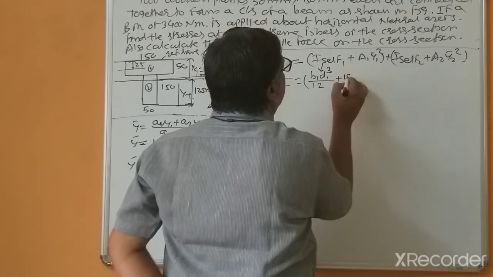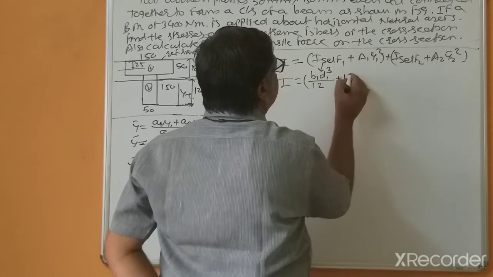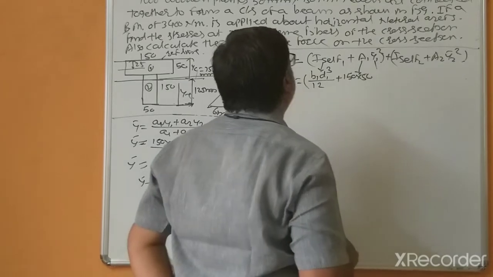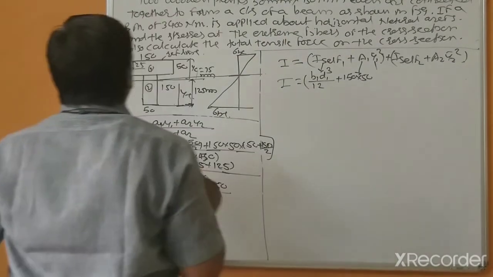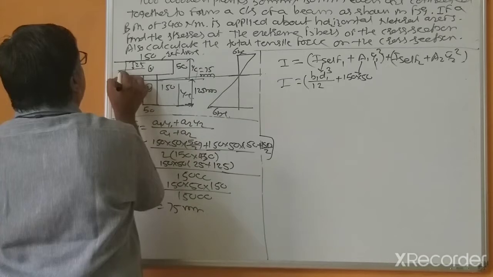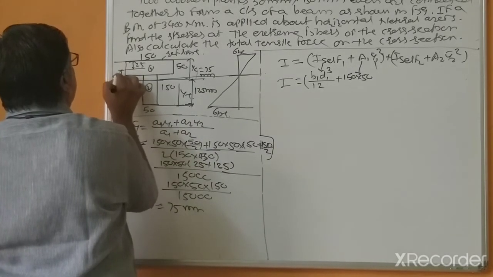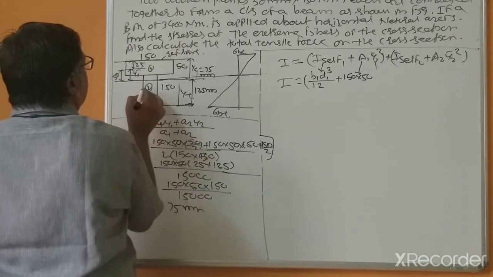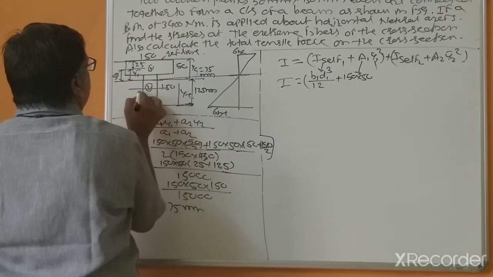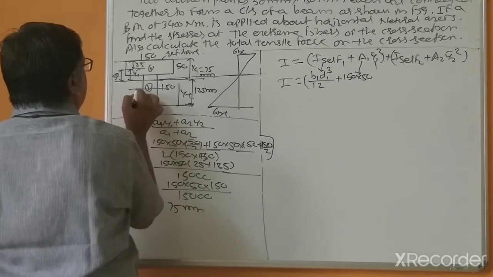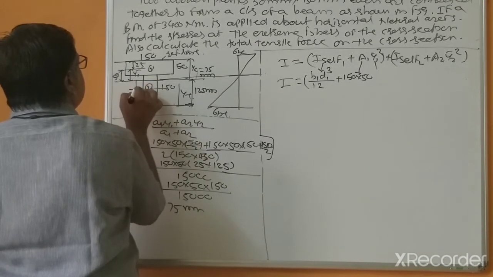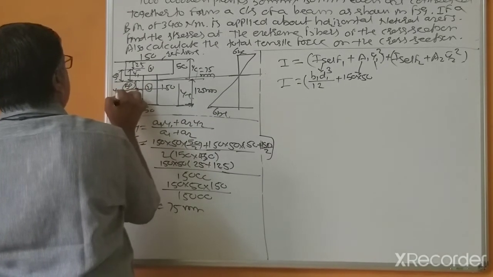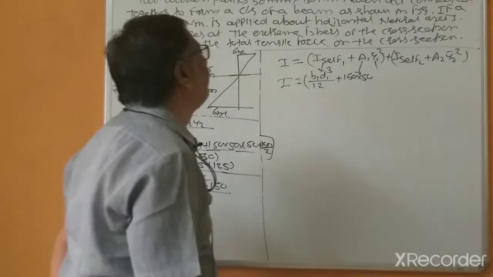Area equals 150 into 50. Y1 distance: this distance is 75 and this distance equals 50. So this is nothing but Y1 bar, and this is 75 and this distance equals 50 and this is equal to Y2 bar.